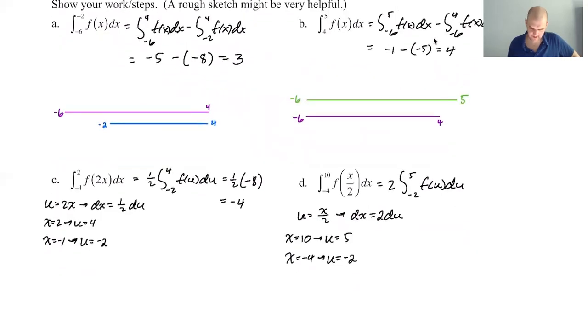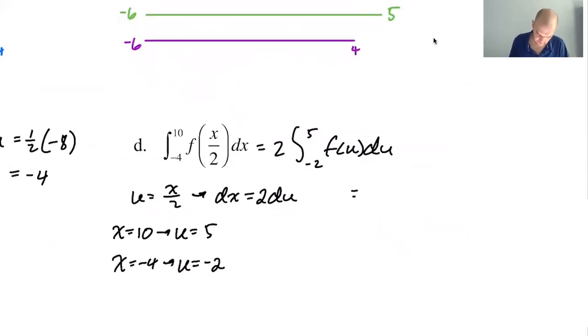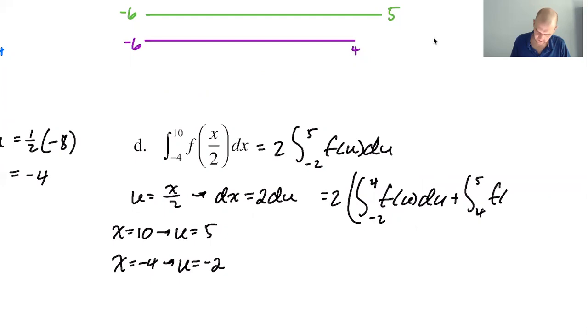Let's do that. So this is going to be 2 times the integral from -2 to 4 of f of u du plus, now do I want to distribute the 2 or do 2 parentheses? I think I should do 2 parentheses. So let me move this over a little bit, put in a parenthesis, and then the integral from 4 to 5 of f of u du.